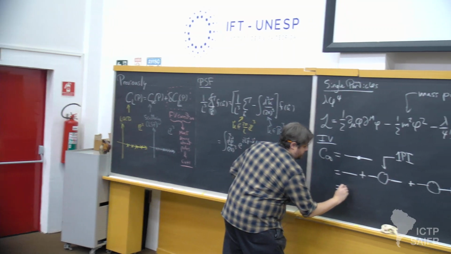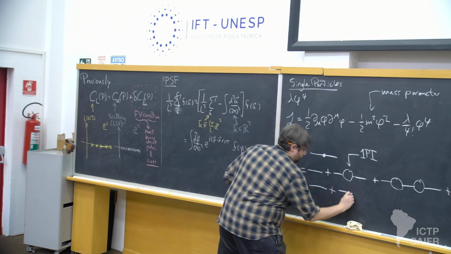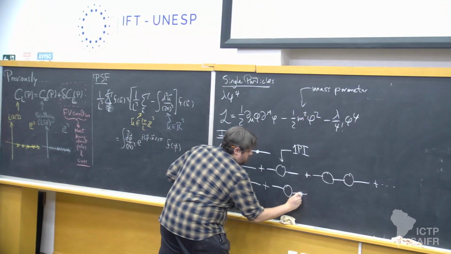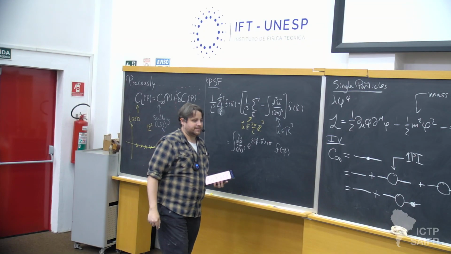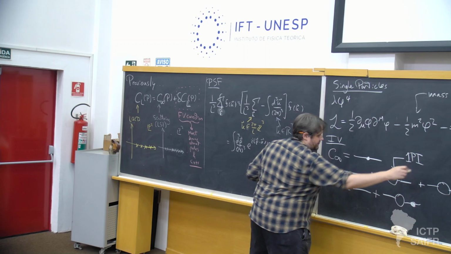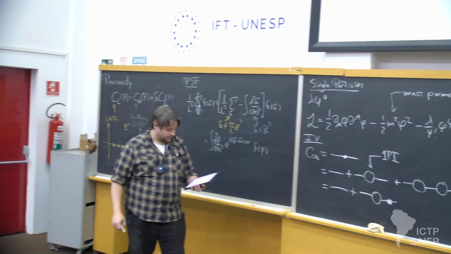And we can sum the series to give the Dyson equation. So this is the free propagator, and then we just start dressing it with interactions.